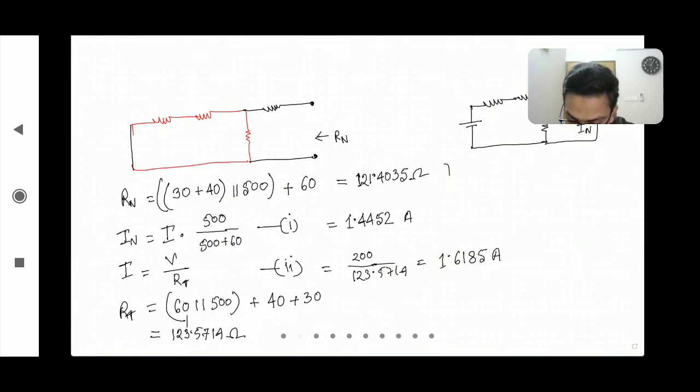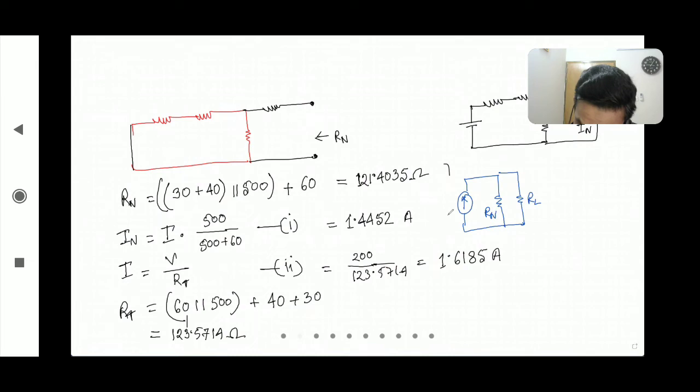By the way, none of this is actually our answer, right? We just found the equivalent circuit. Our equivalent circuit will be: this is RL, this is RN, and that is our IN. We already have the values of IN and Rn.